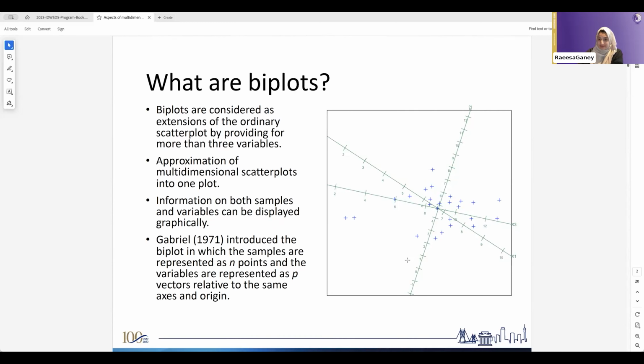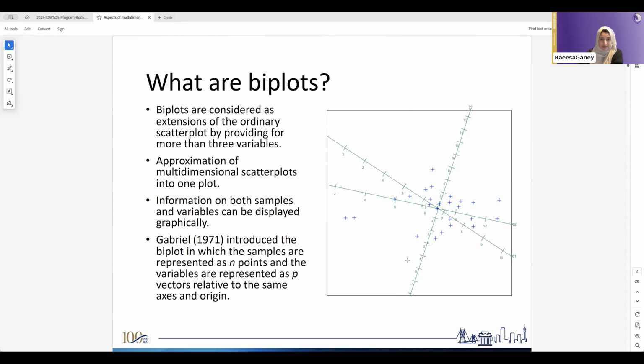They are just a scatter plot, but for a high-dimensional data set. Typically in a scatter plot, we have two variables. Now in high-dimensional data, you have a set of p variables, and you need to visualize this in a two-dimensional space. So essentially that's what a biplot does.